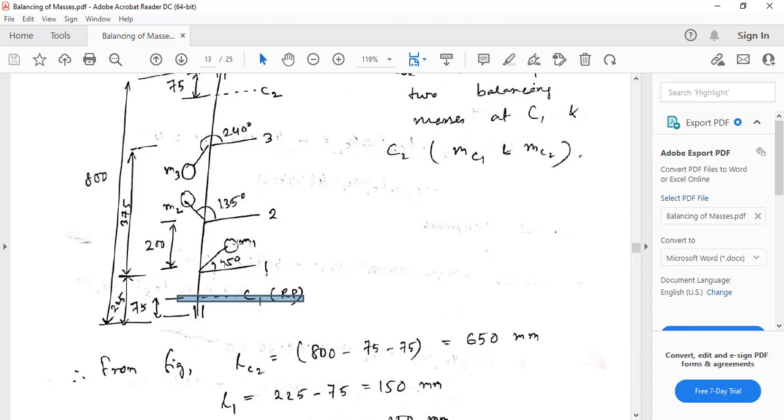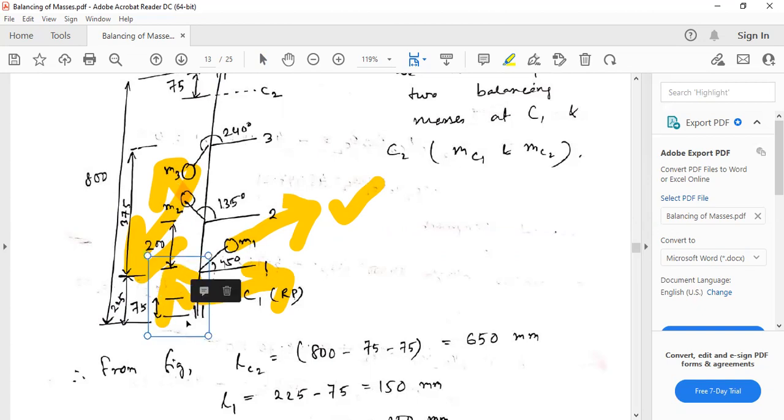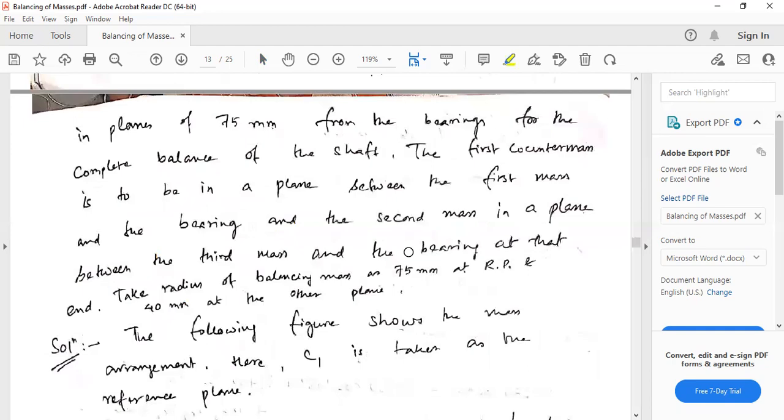Now see this M1 R1, this will cause a centrifugal force outward, the second also, and the third one will also cause a centrifugal force outward. So you take this force here, the second one here, the third force here. And how to take these forces we have learned already.